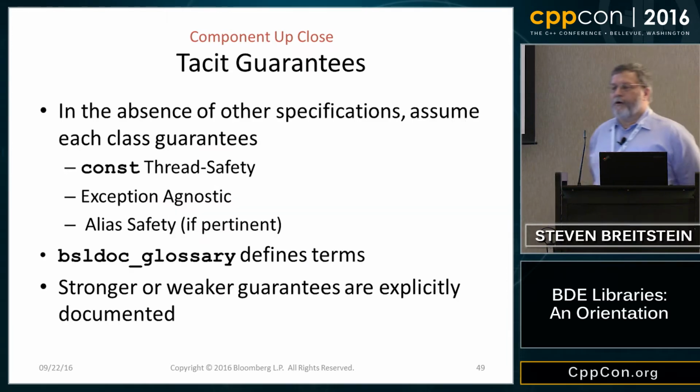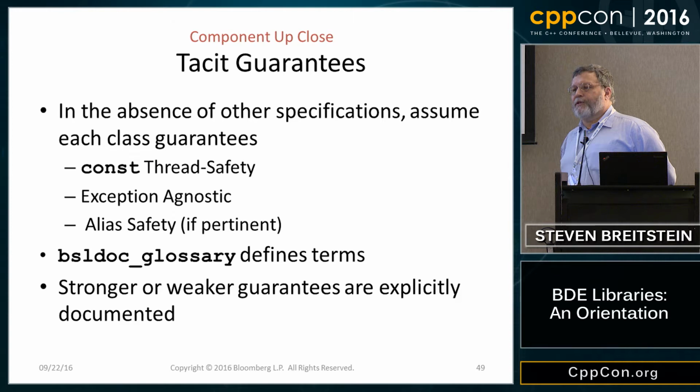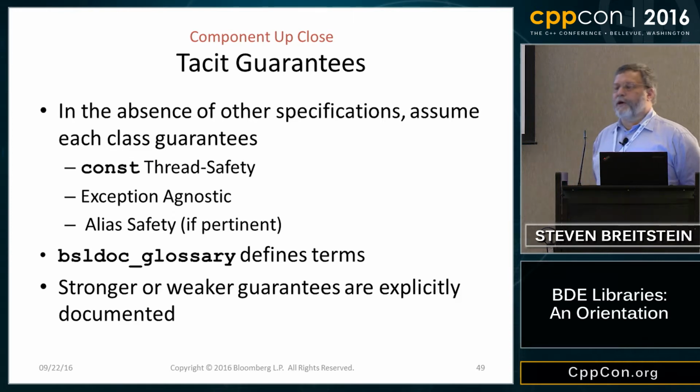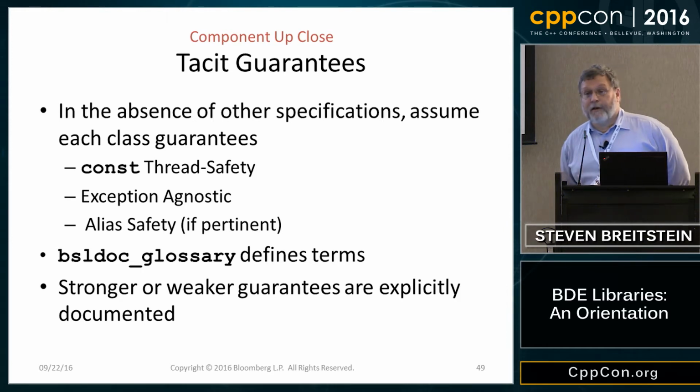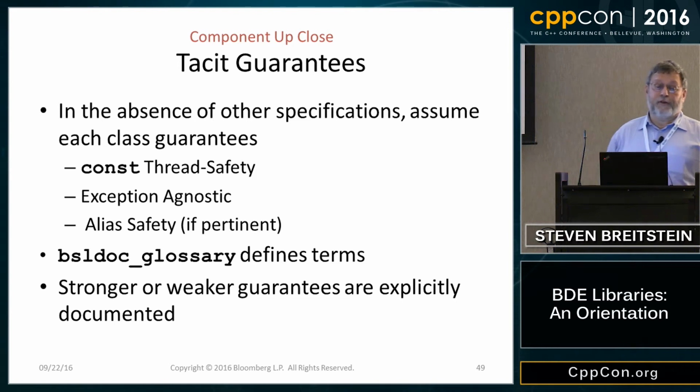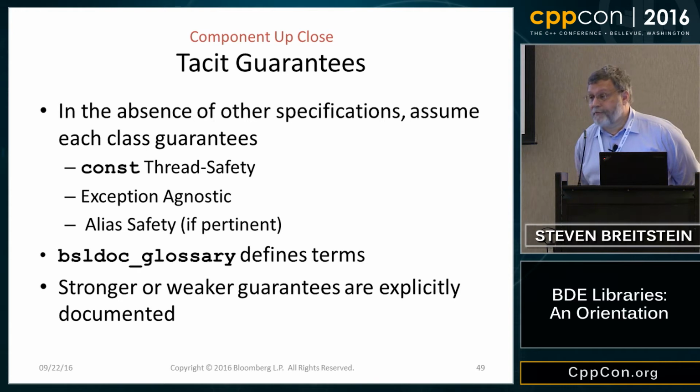Some things are tacitly guaranteed for the class, even though they were not mentioned in that description. So unless you hear otherwise, you can assume that the methods of the class are const thread safe. And by that we mean that if you have multiple threads accessing an object of the class, that is perfectly safe as long as they restrict their activities to the const qualified methods.